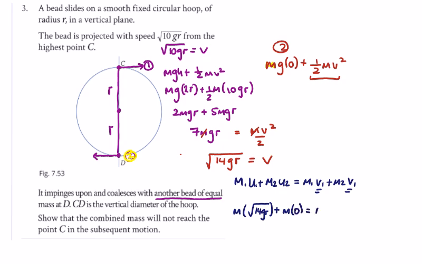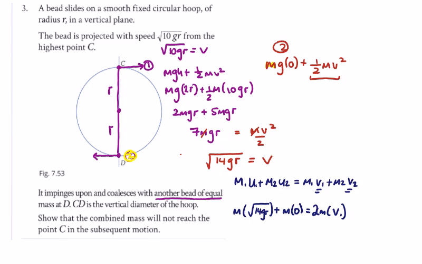Then we have 2m times the new speed of v. It's just 2m times the new speed.